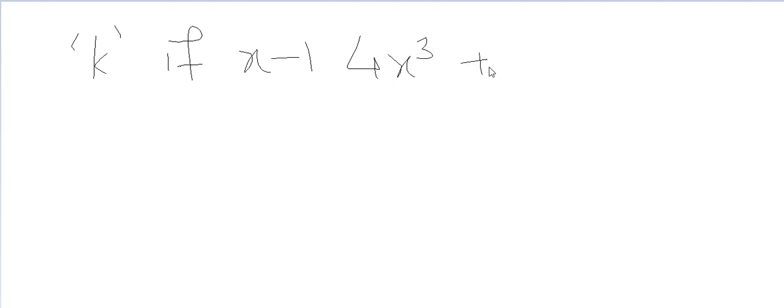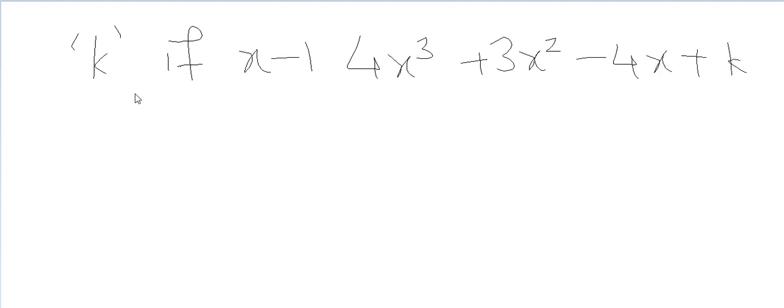So let us do an example on the factor theorem. Find k if x minus 1 is a factor of 4x cubed plus 3x squared minus 4x plus k.